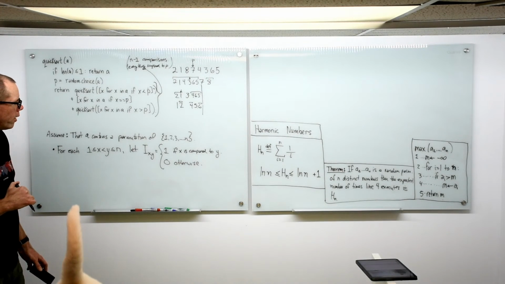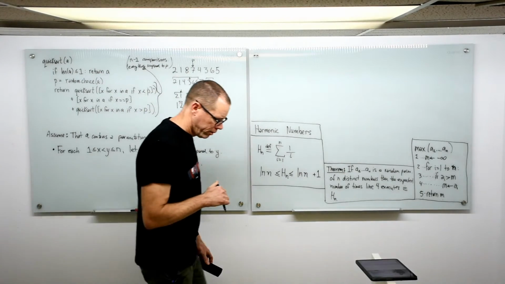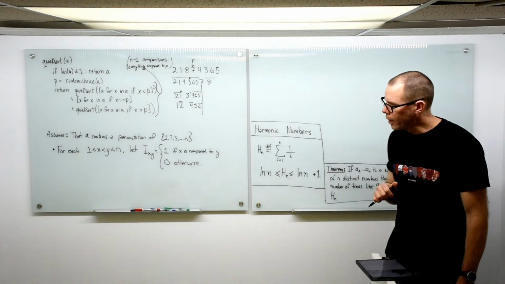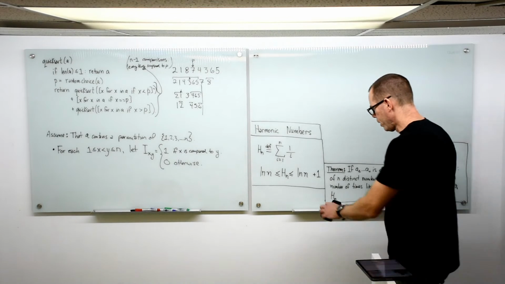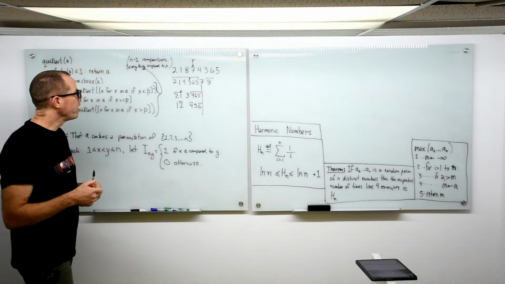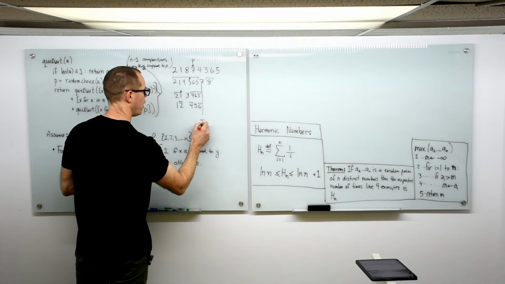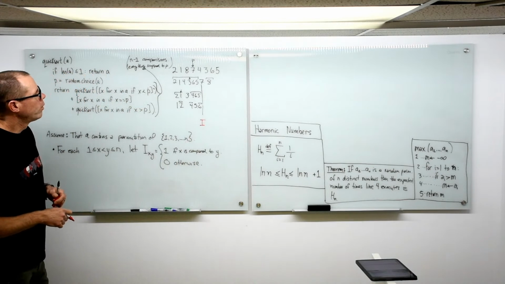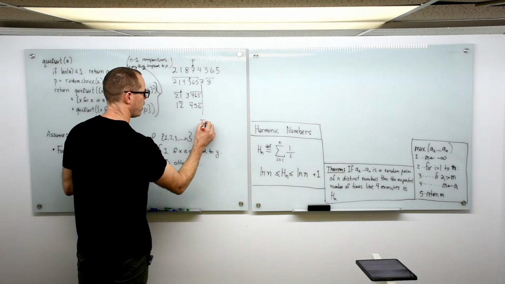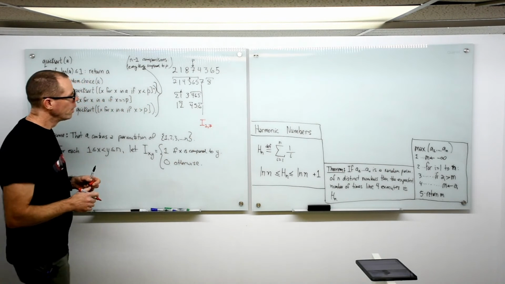All right. So let's take a look at that. So what does that mean in our example here? Well, in our example, we might ask, let's take I 1, 7. Okay.